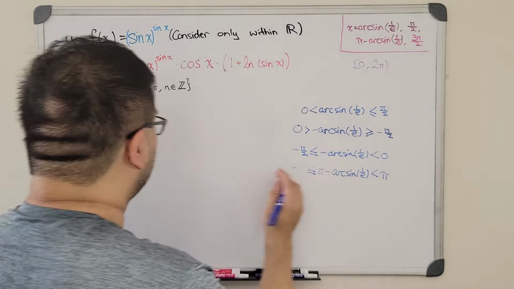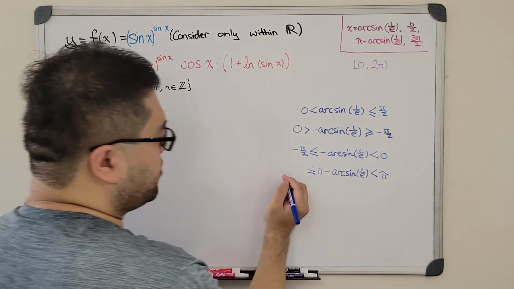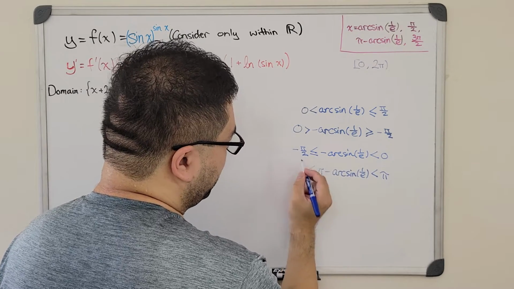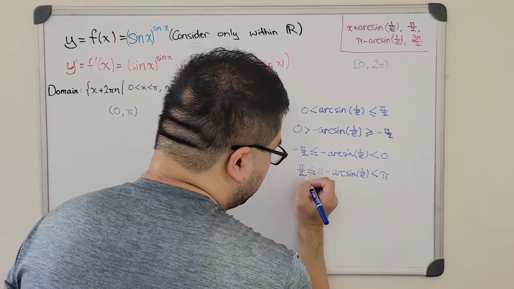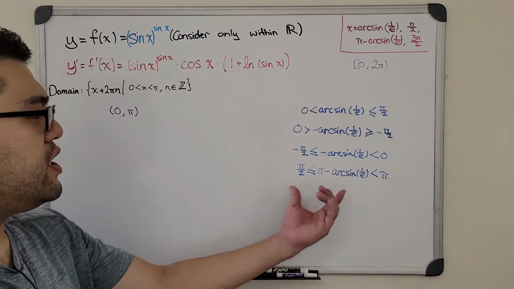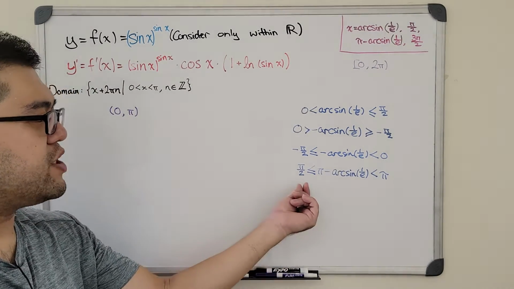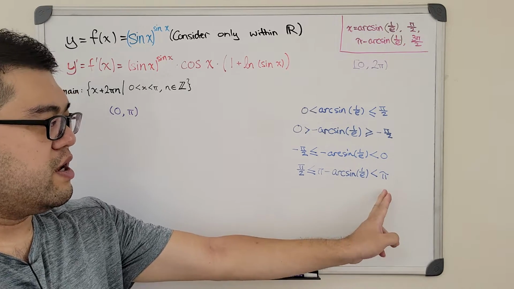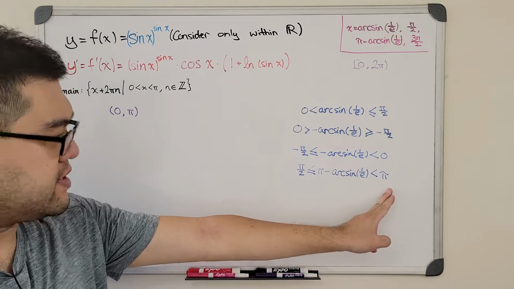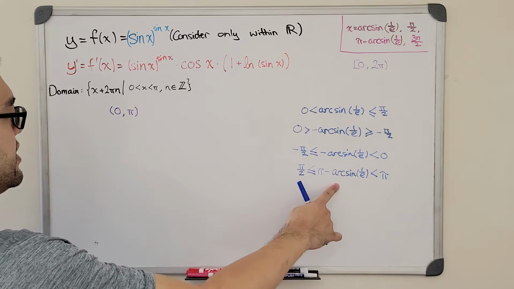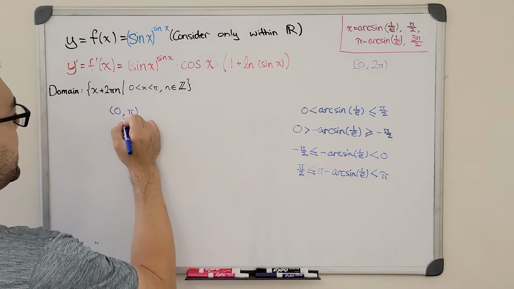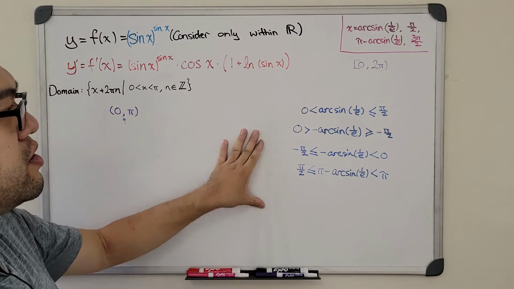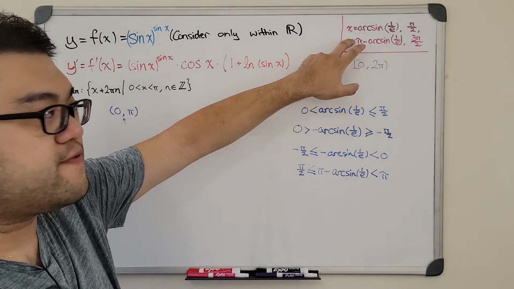The left end, which is what we're trying to check, will give us pi minus pi over 2, which is what we have here. So we get pi over 2. That means this value here is actually between pi over 2, or 90 degrees, and pi, but not equal to pi itself. So we can see this value must be inside this domain 0 to pi as well. Good. Meaning that we need to keep this value.